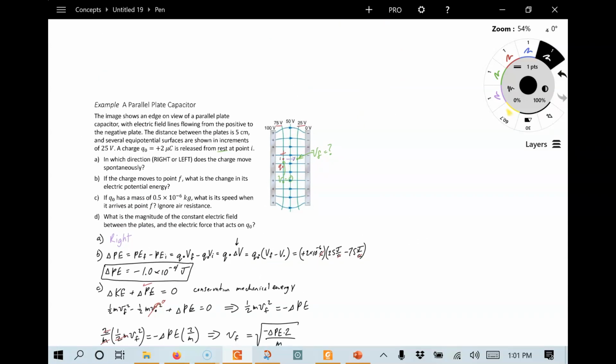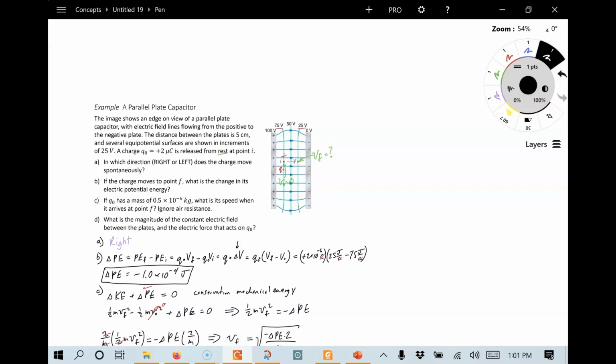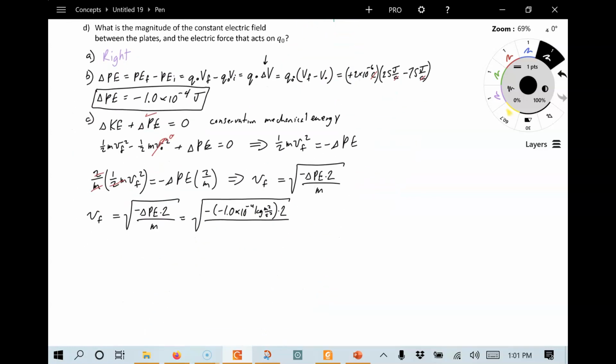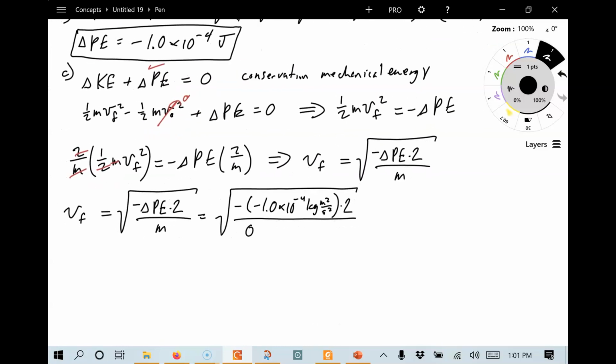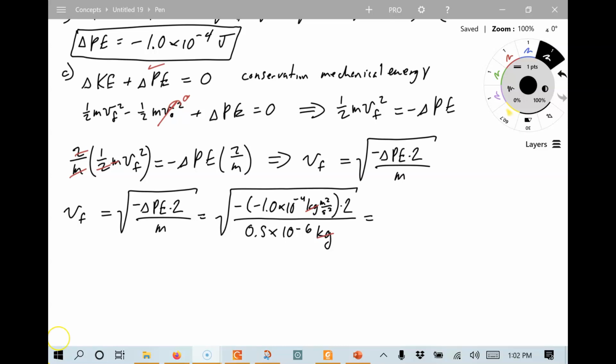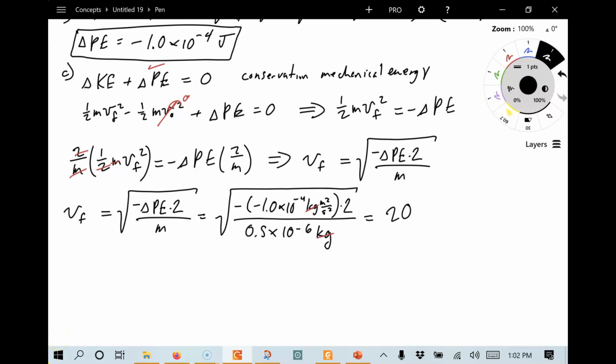What is the mass equal to again? 0.5 times 10 to the minus 6th kilograms. Kilograms will cancel, and when we take the square root of the meters squared times second squared, we will get meters per second, and the answer comes out to 20 meters per second.